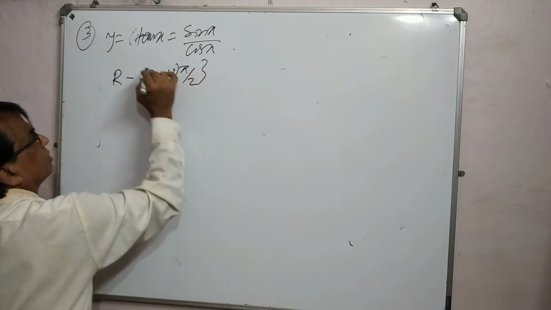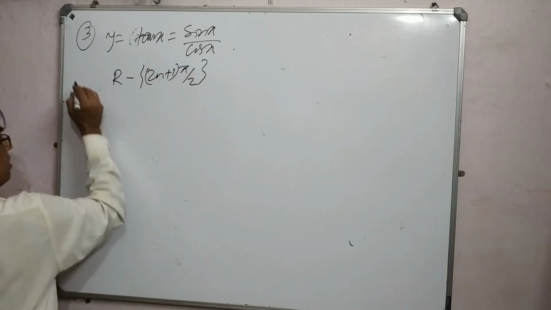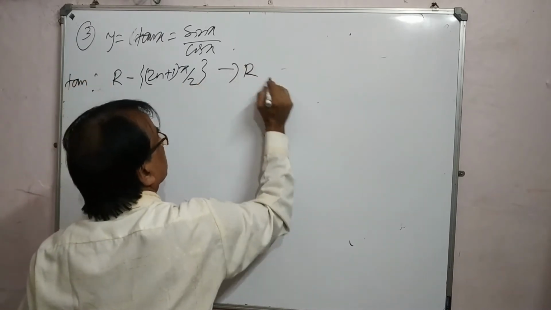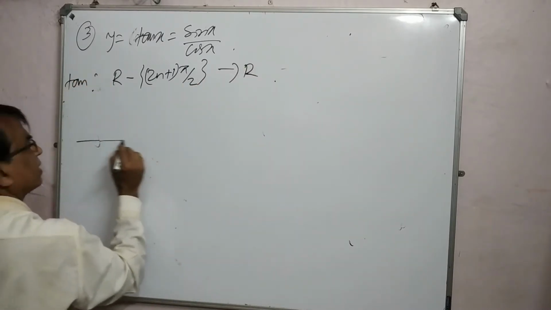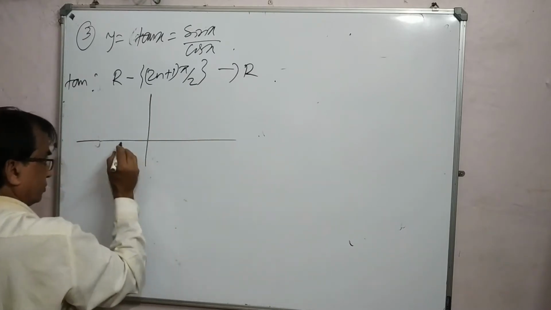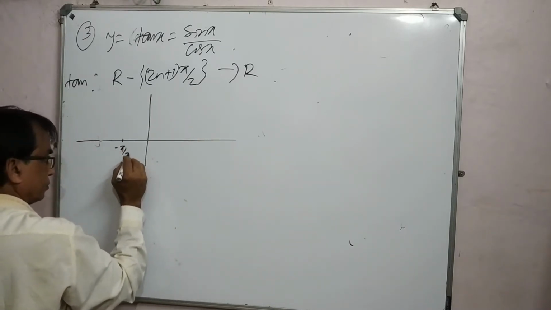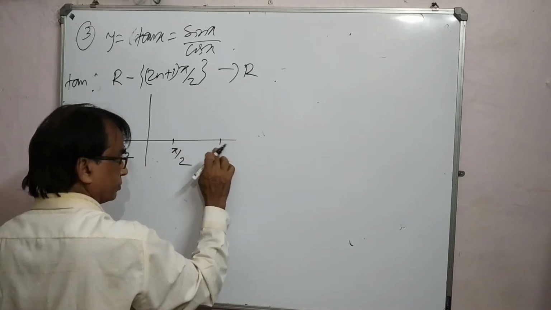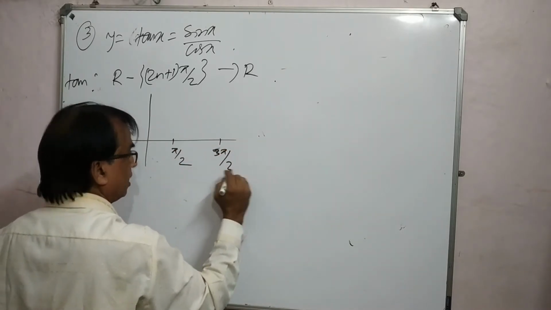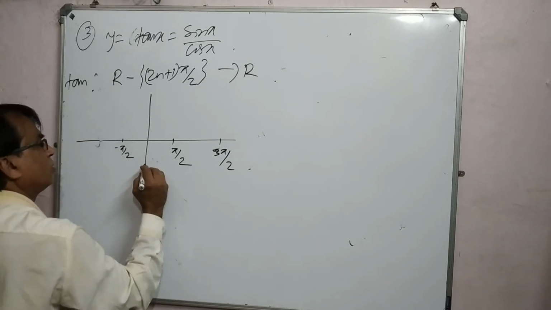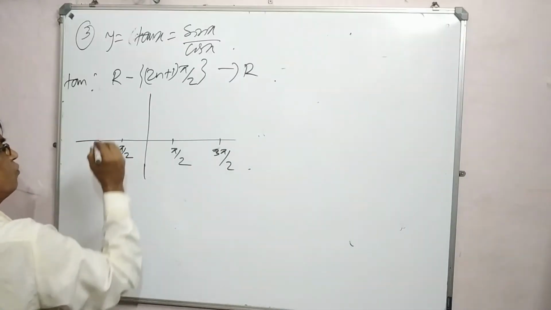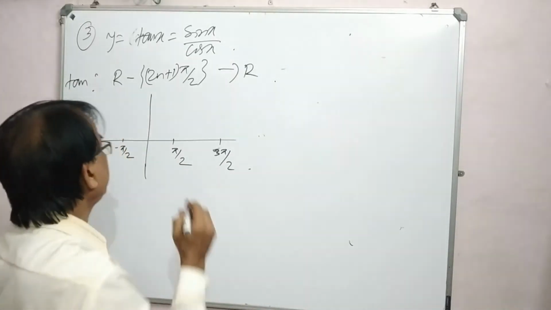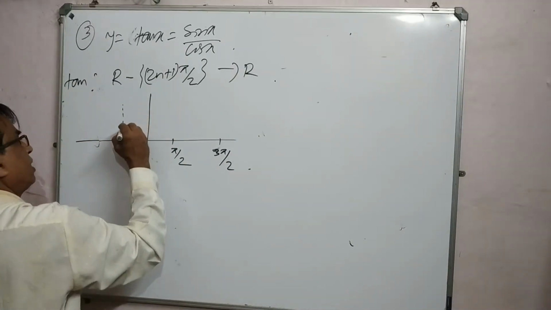These will be the points excluded, and the range is R. Now what you find here, tan at odd multiples of pi by 2 is not defined. So when we draw the graph of tan x, we draw separate lines perpendicular to the x-axis.